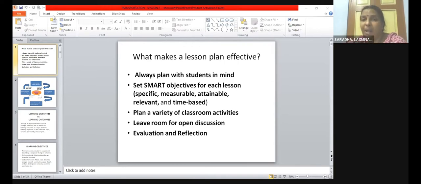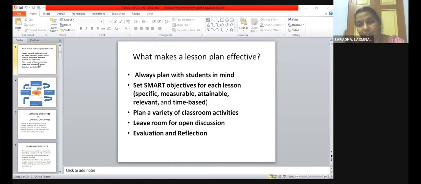And by writing a proper lesson plan, see, we say well begun is half done, right? So once you have started writing a lesson plan, it is half done. And once it is executed in the class according to the way you have written, then it means it is fully done and you will feel happy. And based on the feedback we get, we will go for the next move. So that is what makes a lesson plan effective.